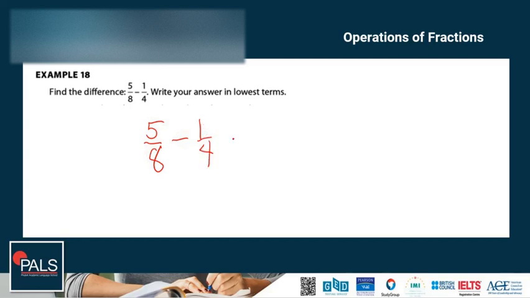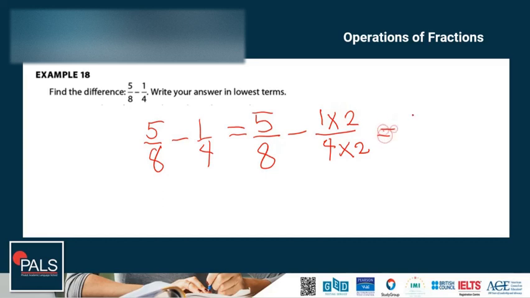The common denominator is 8, because 8 can be divided by 4. So we have 5 over 8, let's rewrite it, minus 1/4. This one we need to multiply by 2 so that the denominator will be the same.